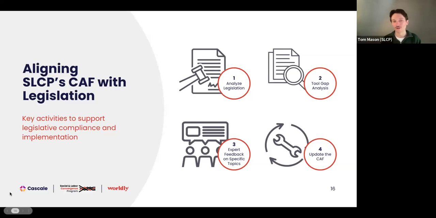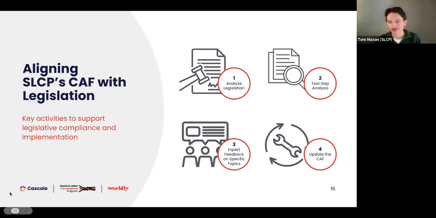So ILO Better Work co-developed step 1 of our tool, which is the broad social compliance step, to ensure that we maximize our alignment with the ILO's core labor standards and ILO conventions. And these are critical parts to many of these pieces of legislation that Elizabeth already mentioned.